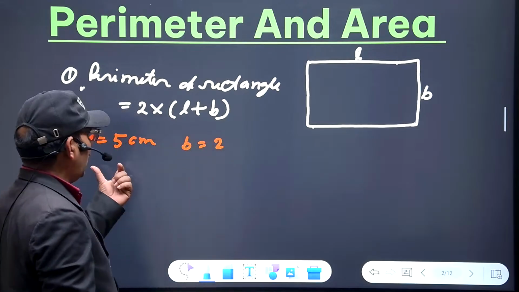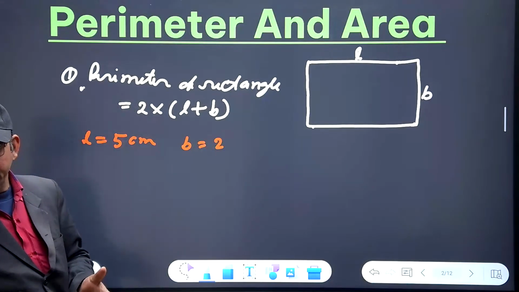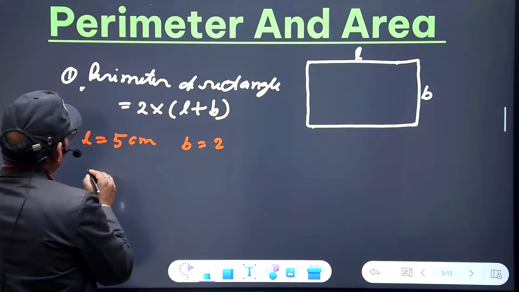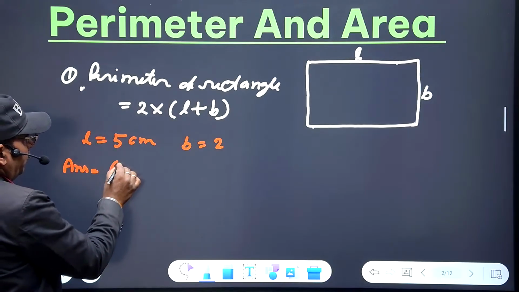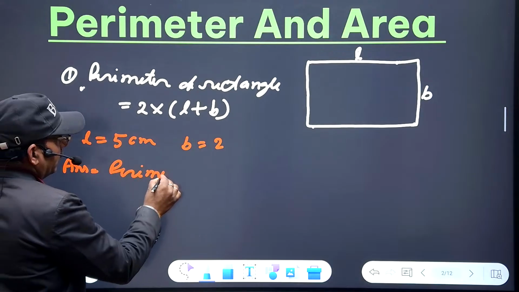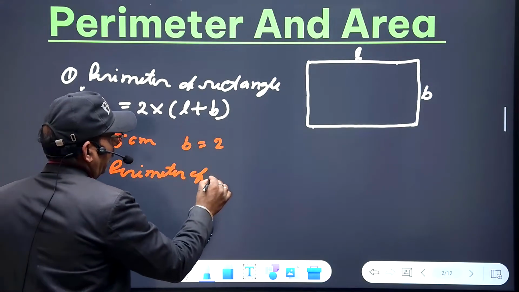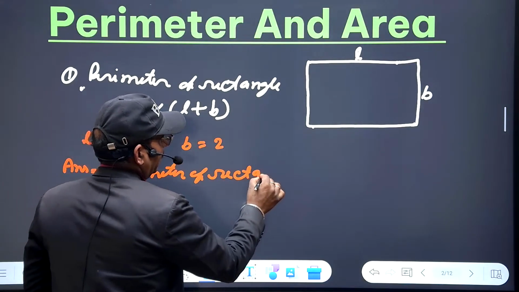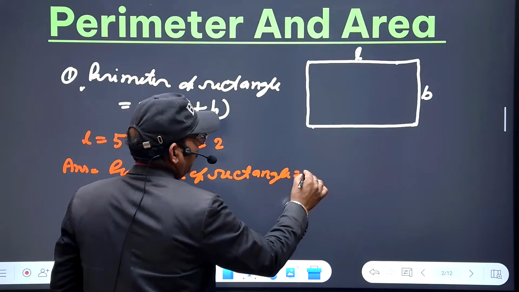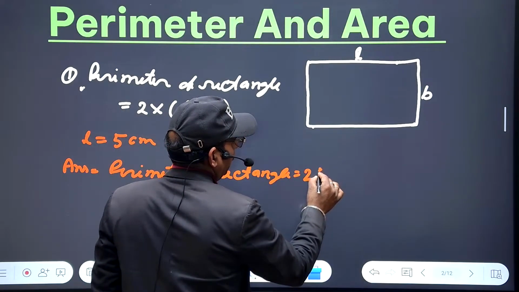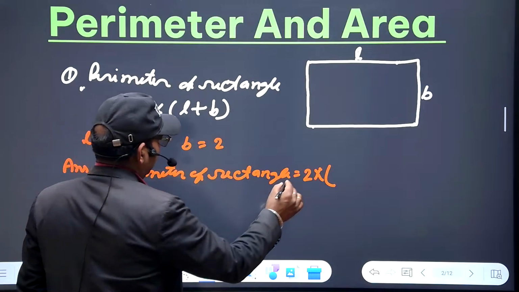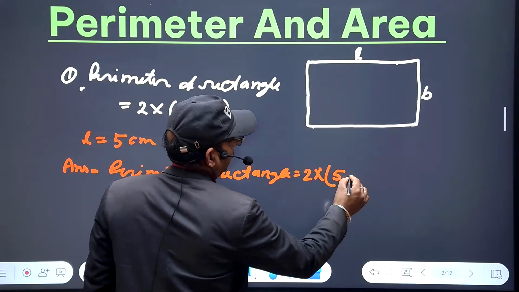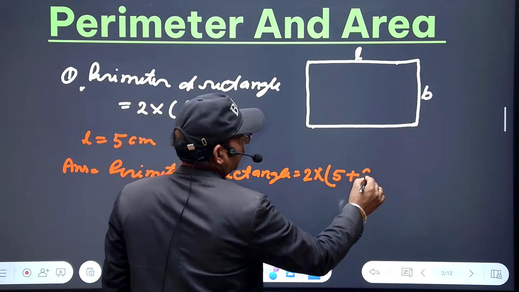So how will we find out the perimeter of a rectangle? Perimeter of rectangle is equal to 2 into L plus B. Length is given 5, so right here 5 plus 2.